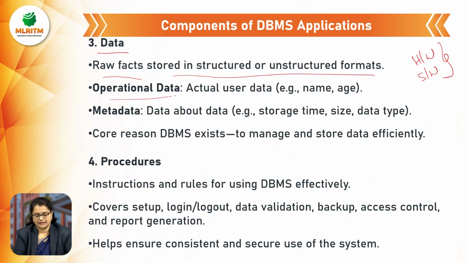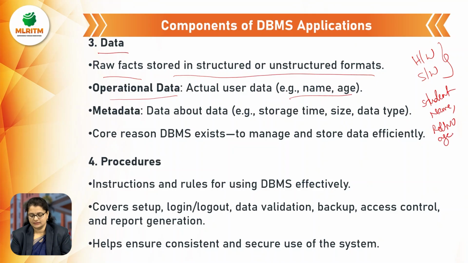Operational data is the actual user data, for example name, age. If I am using student-based data, it can be for a college application or a university. So we generally require student name, student roll number, their age, like that. This information will be gathered here.